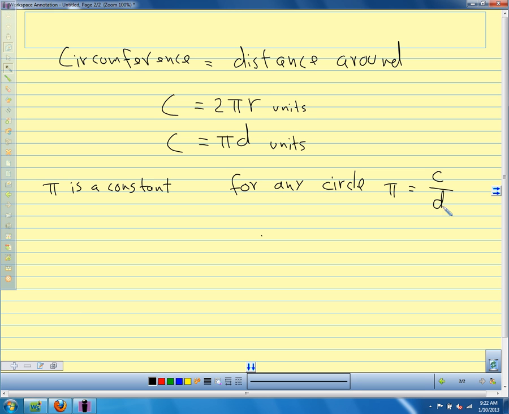No matter how big or small the circle is, no matter where the circle is in the universe, as long as we're on a plane, if we divide the circumference of a circle by its diameter, we get pi. So it's a really cool idea.